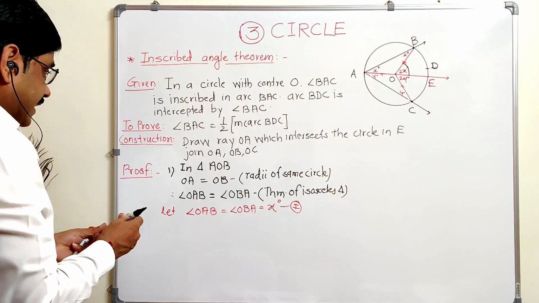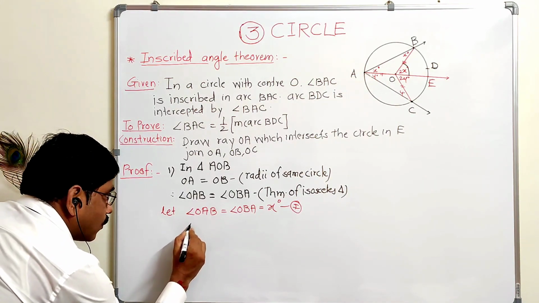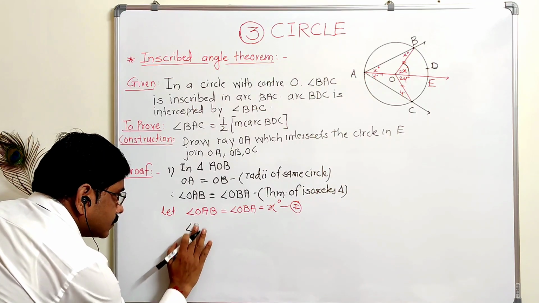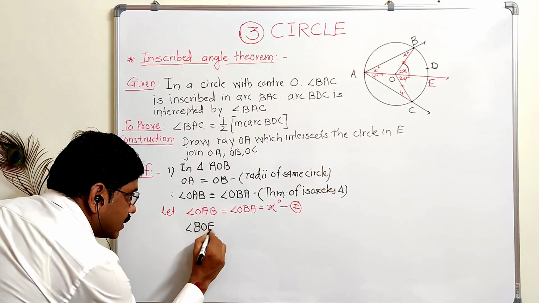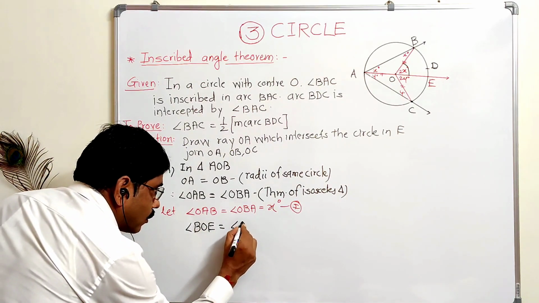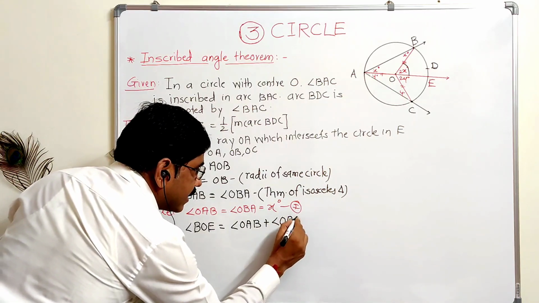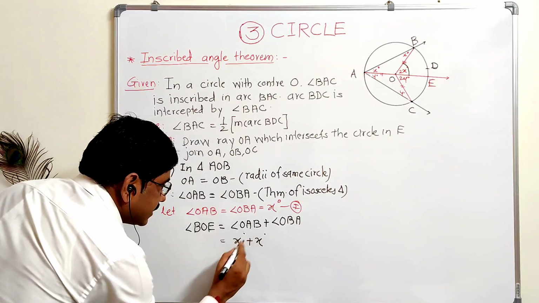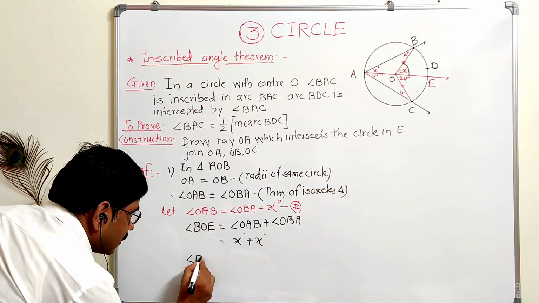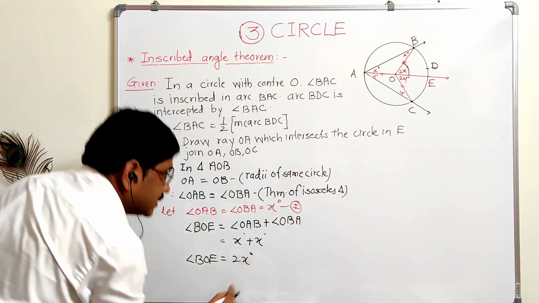So here we can write, measure angle BOE is equal to angle OAB plus angle OBA, which is x plus x degree. Therefore angle BOE is equal to 2x degree.